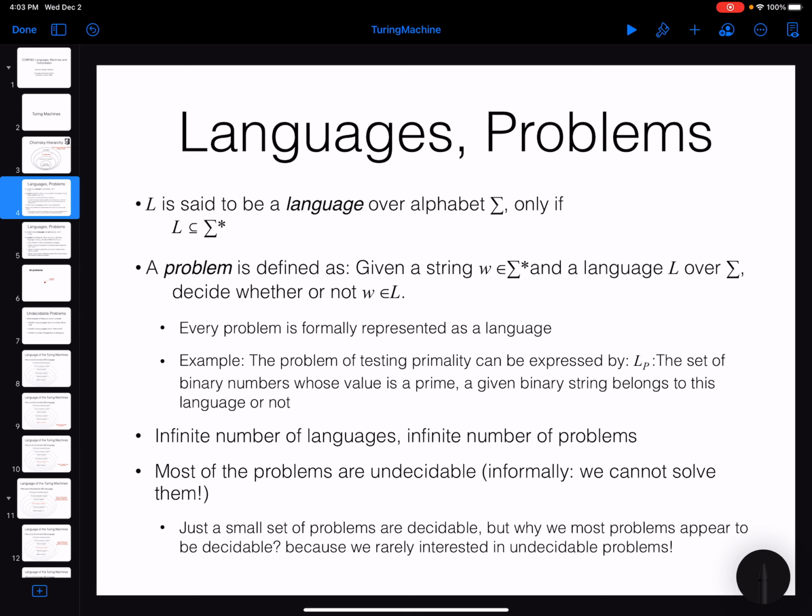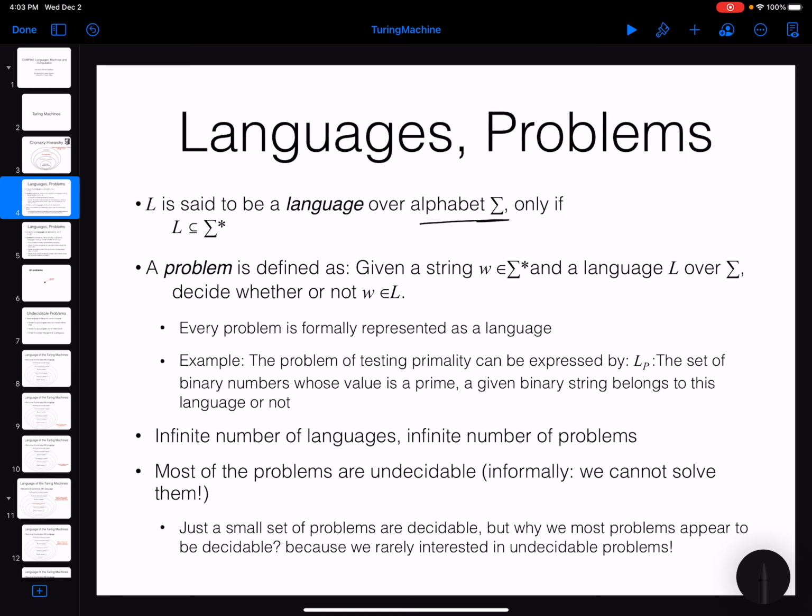Remember, through all the sessions of this course, we have been talking about languages and problems. Why are we interested in languages? Because we have seen that if we want to formally define a problem, we represent it using a language. We define a language to be a set of strings defined over some specific restricted alphabet.